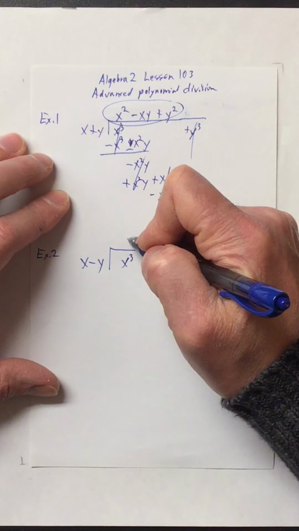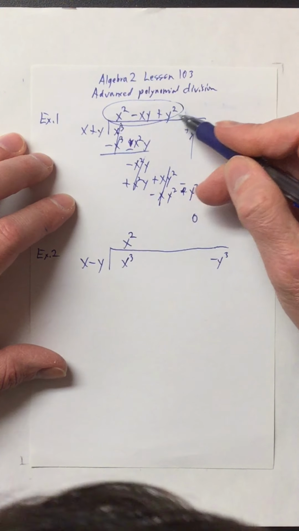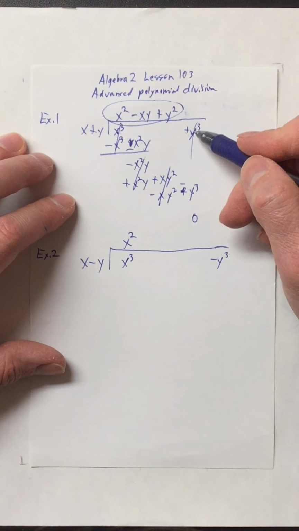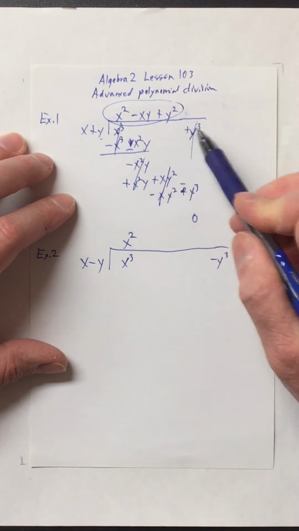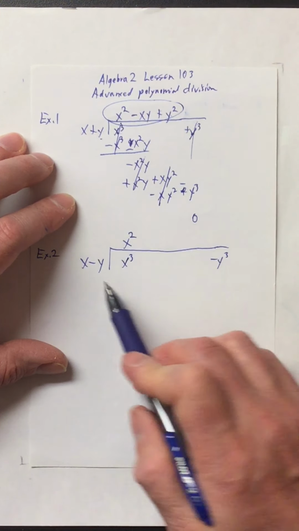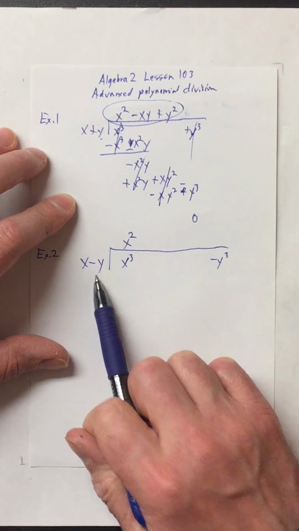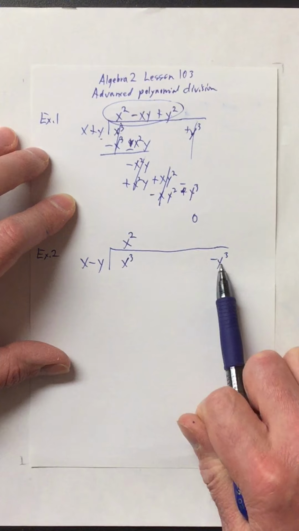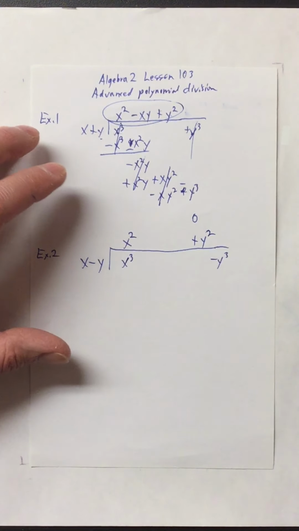So x to the third with an x divided out would be x squared. The last term is the y divided out of here, right? So if we turn that down here, we have a negative y now. We don't have a positive y, we have negative y. But negative y divided out of negative y cubed is a positive y squared.